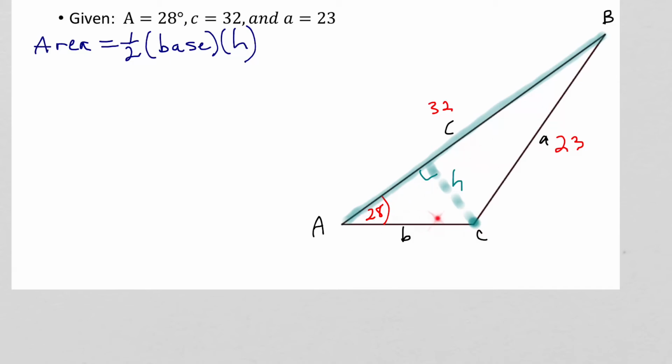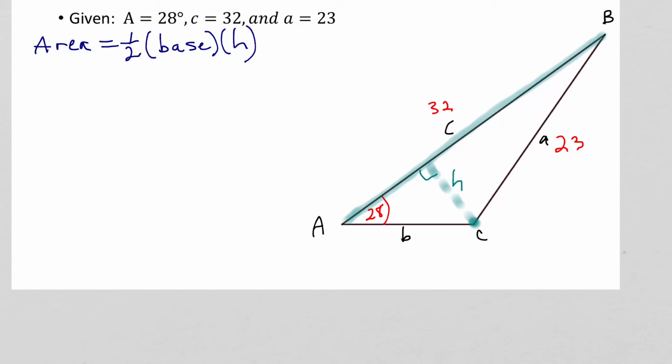If I choose this right triangle here, I have the angle opposite the height, but I'm missing this side here, which is my hypotenuse, so I'd have to calculate side B. If I choose this right triangle here, I have the hypotenuse side 23, but I'm missing the angle opposite the side H. So either one requires a calculation here for this side, here for this side.